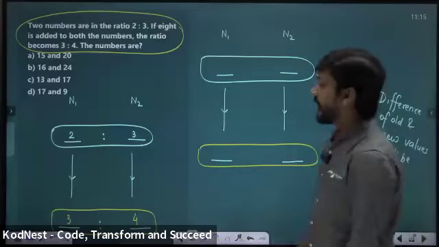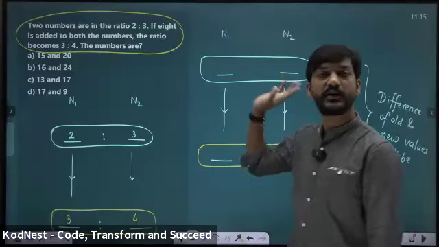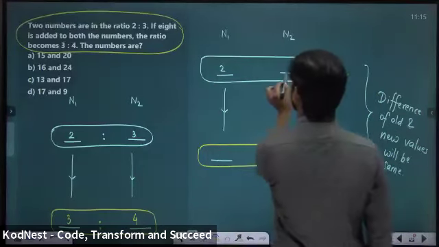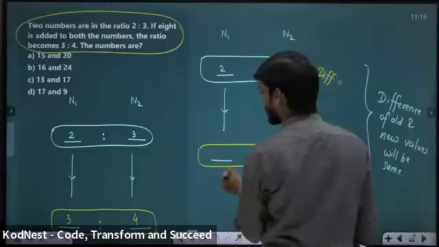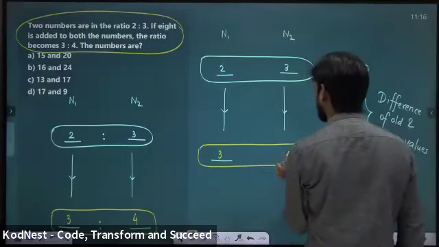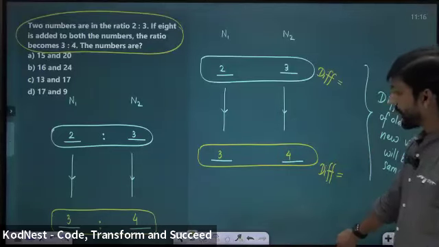All right. I'm directly taking the values from the ratio. You will have to answer if there is a problem. 2, 3. And from the second ratio, I'm taking the values 3 and 4. Okay. All right.